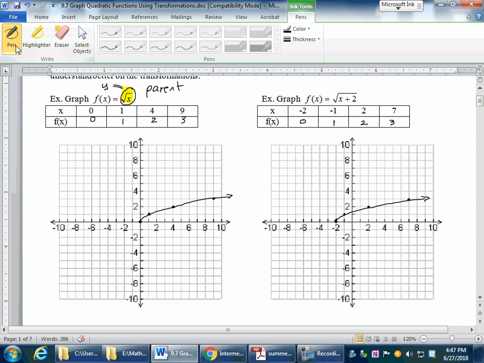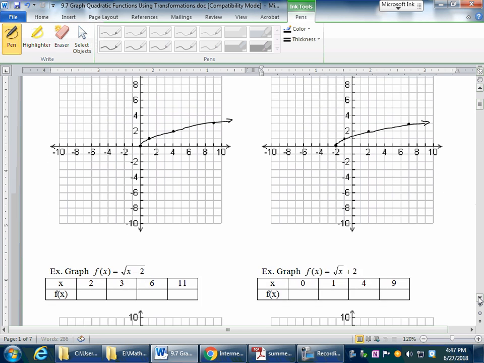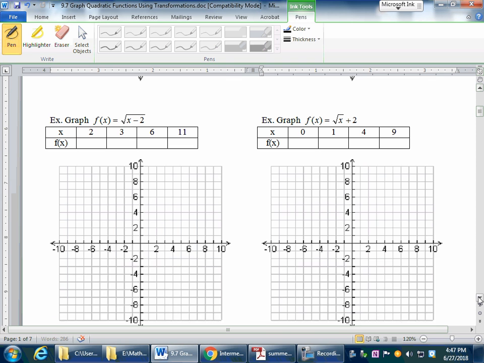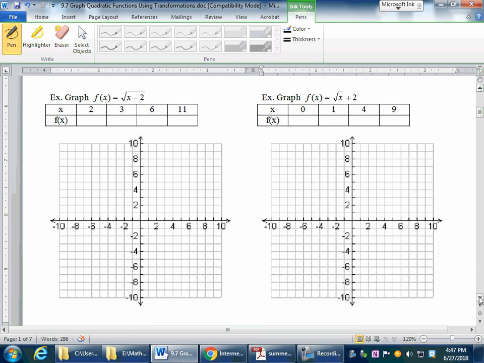Let's take a look at the next example. Now I'm subtracting 2 from x. So 2 minus 2 is 0, square root of 0 is 0. 3 minus 2 is 1, square root of 1 is 1. 6 minus 2 is 4, square root of 4 is 2. 11 minus 2 is 9, square root of 9 is 3.